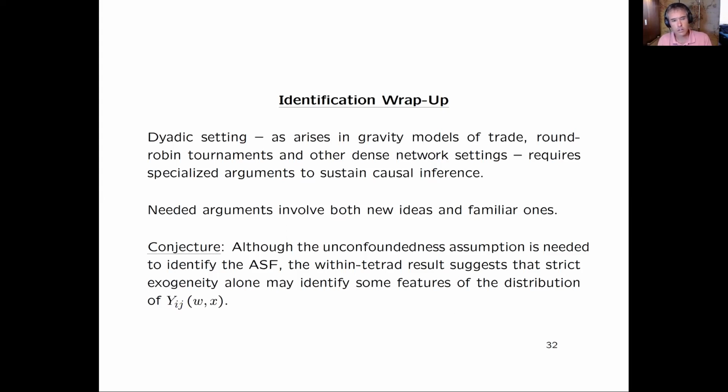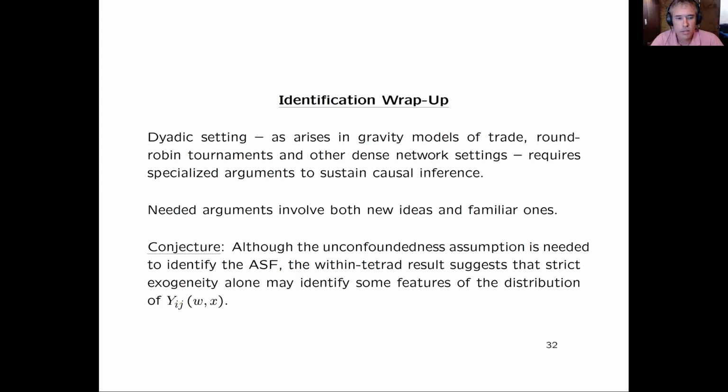So here's an example of something that maybe you could think about. In identifying the average structural function in this context, I made 2 key assumptions. One was a strict exogeneity assumption, and the second was a conditional independence assumption. But if you look at the simple parametric model, there was also this result that within tetrad variation identifies delta, which was associated with complementarity.